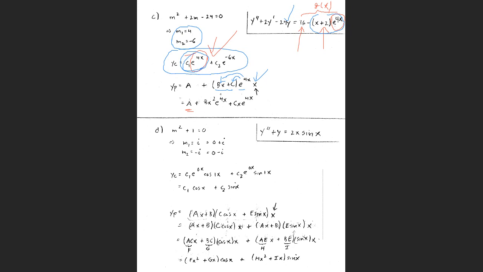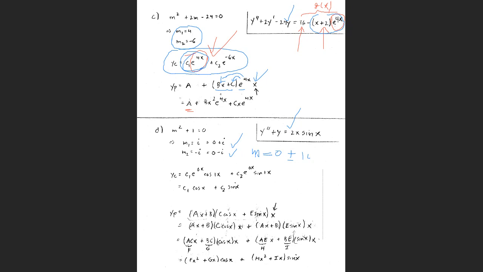y double prime plus y equals 2 times x times the sine of x. The auxiliary equation is m squared plus 1 equals 0, and we solve. m is going to be plus or minus i, which you can write as 0 plus or minus 1 times i.